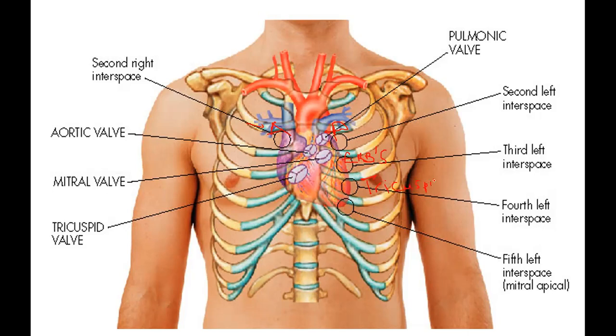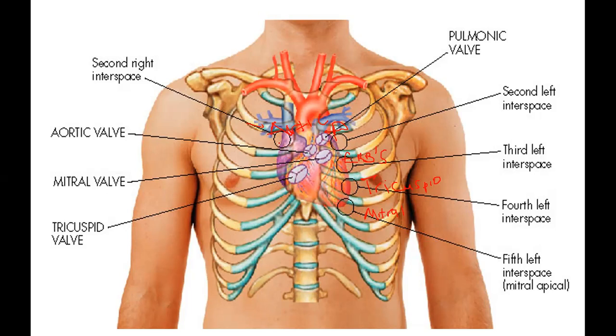And then we have the mitral area, or the point of maximum impulse. So this is the aortic area, then we have the pulmonic, Erb's point, tricuspid area, and the mitral area. These are the areas where you place your stethoscope when you are auscultating the chest, in particular the precordium.